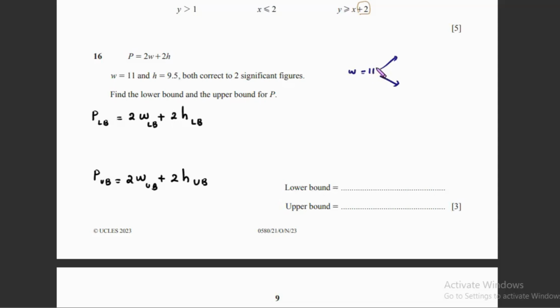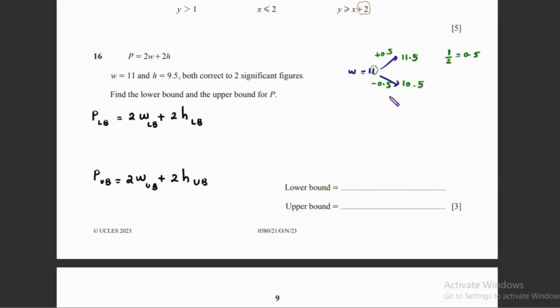Here, the second significant figure belongs to the ones column, which means to find what number has to be added or deducted, you need to divide that 1 by 2, which is 0.5. You need to add 0.5 to find the upper bound and deduct 0.5 to find the lower bound, which will be 11.5 and 10.5.